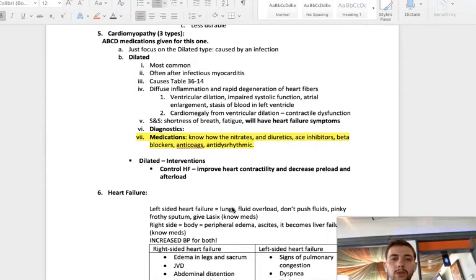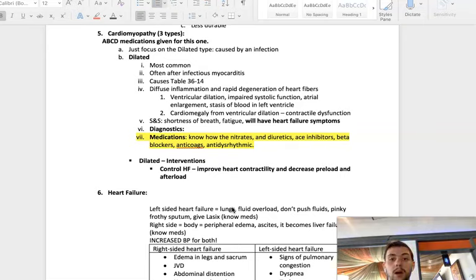Then you jump to cardiomyopathy. There are 3 types of cardiomyopathy, but I need you to focus on this one: the dilated. The dilated one is the most common.